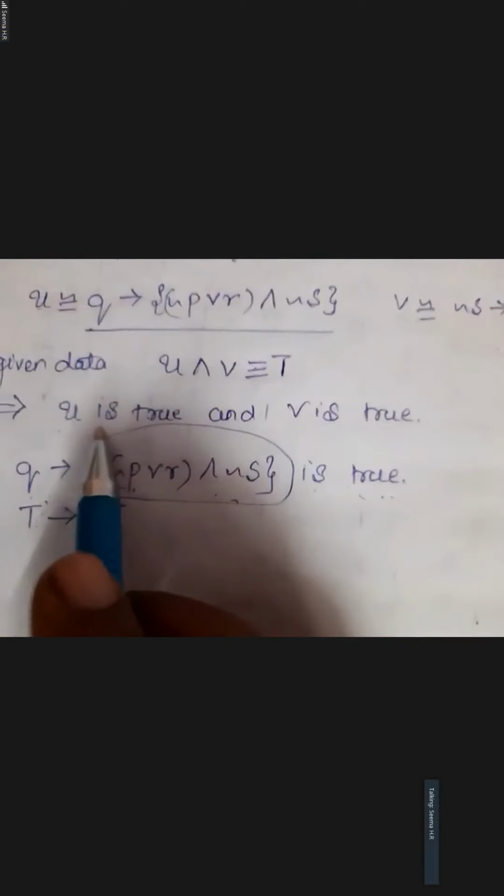So obviously, since I am getting Q implies this term as true, the truth value of Q implies this term as true means this implies that this has to be true, because if suppose on a contradiction, if we take the second part as false, then obviously true implies false will become false. But from the given thing, we got to know that Q is true. Therefore, obviously the second term has to be true. Do you agree with me? Yes, ma'am. So this implies negation of P, R and negation of S must be true.